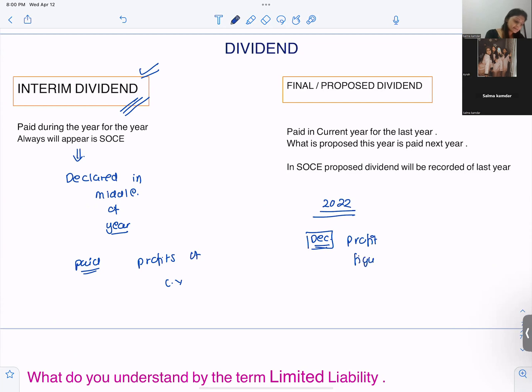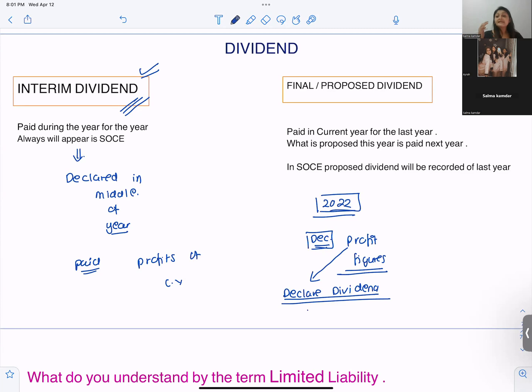Right? If I know my exact profit figures, what am I supposed to do out of these profits? I am supposed to declare a dividend out of these profits. I will declare in 2022 that out of the 2022 profits, I am going to pay you this amount.